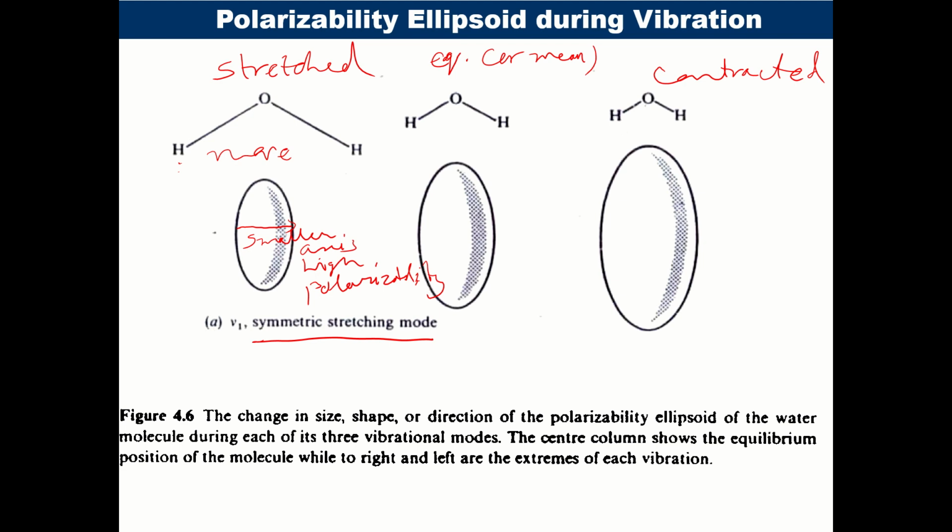Now in the middle condition the polarizability will be intermediate, so the axis is a little bigger, and in the contracted condition it will be the least polarizable. Under this condition, this is more polarizable on the left hand side, and so a larger axis.